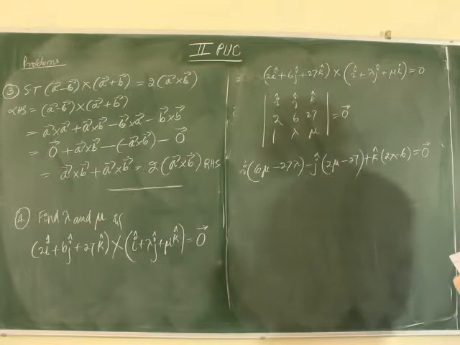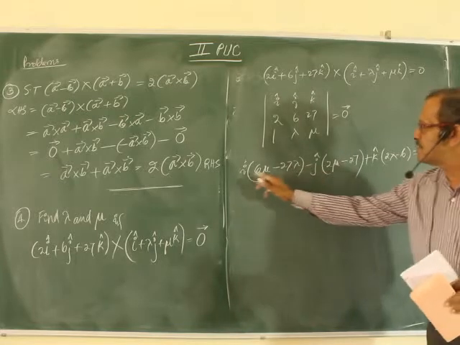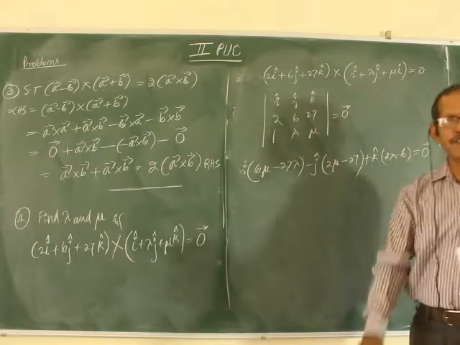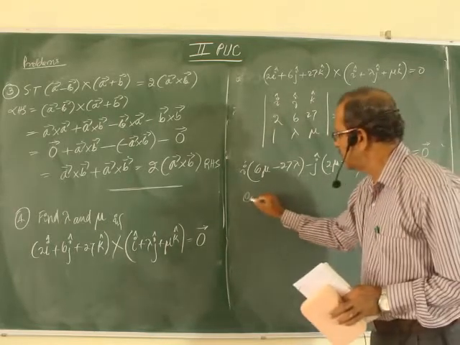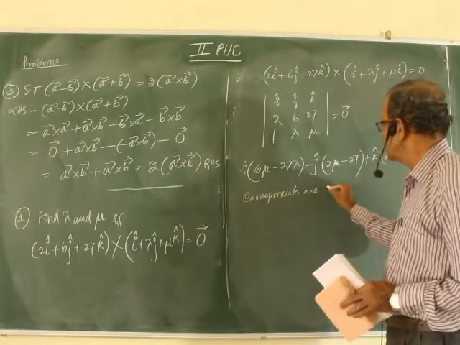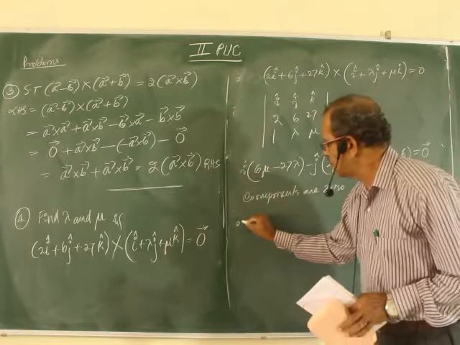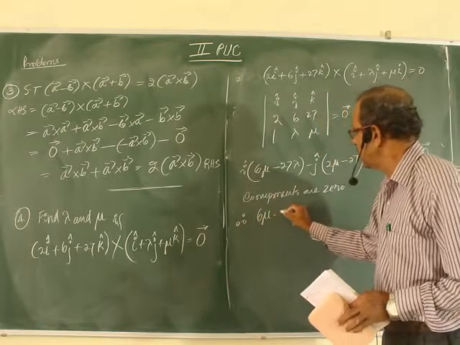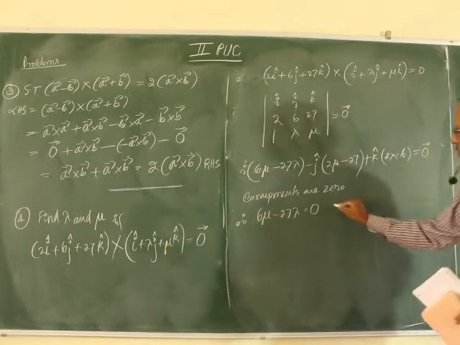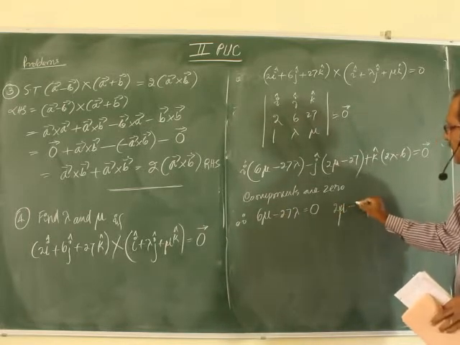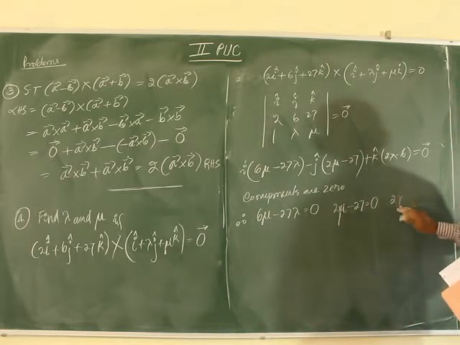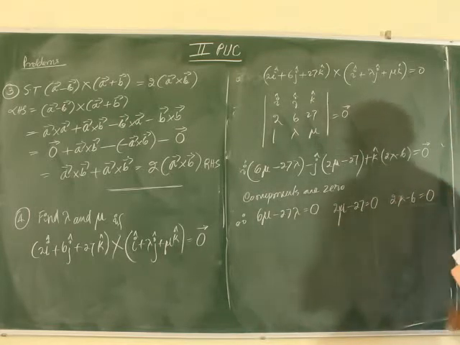0 vector means, remember, coefficient or components of i, j and k must be equal to 0, no doubt. Therefore, 6 mu minus 27 lambda is 0, 2 mu minus 27 is 0, 2 lambda minus 6 is 0.